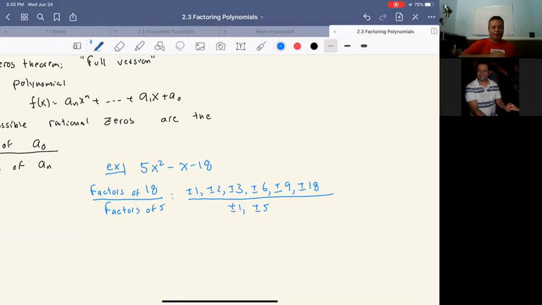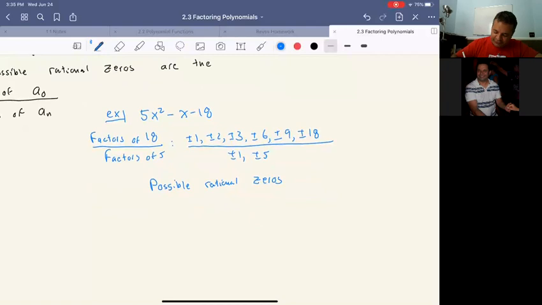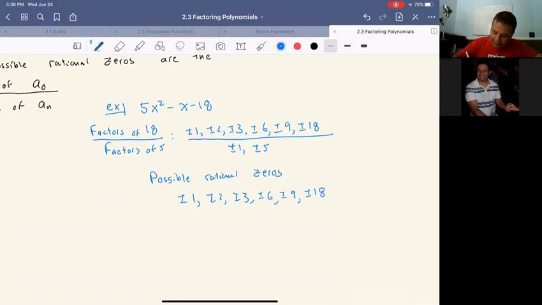So our possible rational zeros are this huge list, plus or minus 1, just writing them all out, and then also over 5.